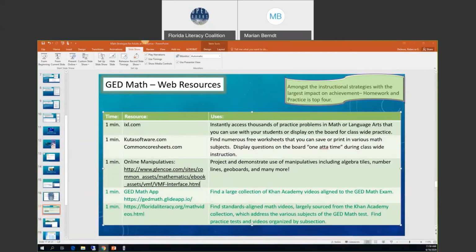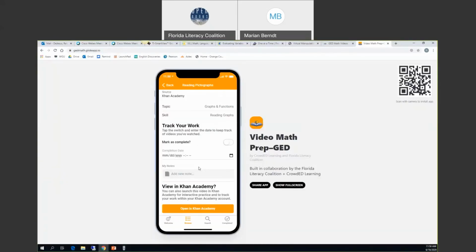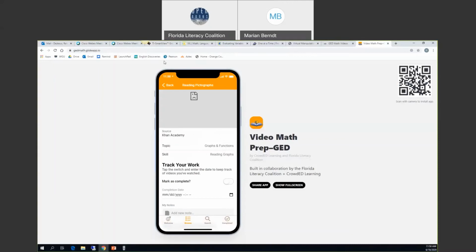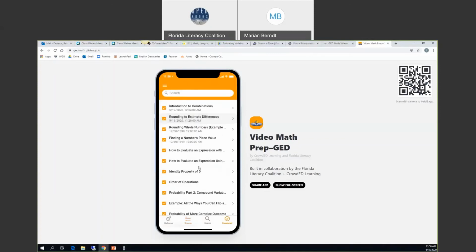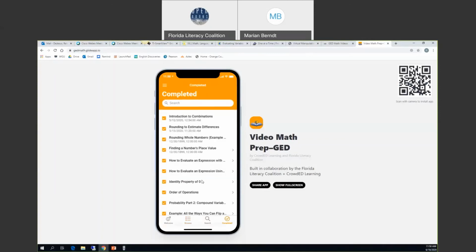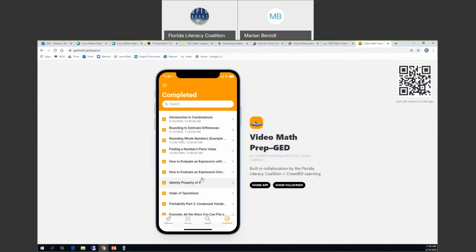Let me go back to the app. What's really cool about this app is that when you are on the list of different videos, you can check off what you have already completed and it will track you. Under this completed section, your students can see what they have already completed.